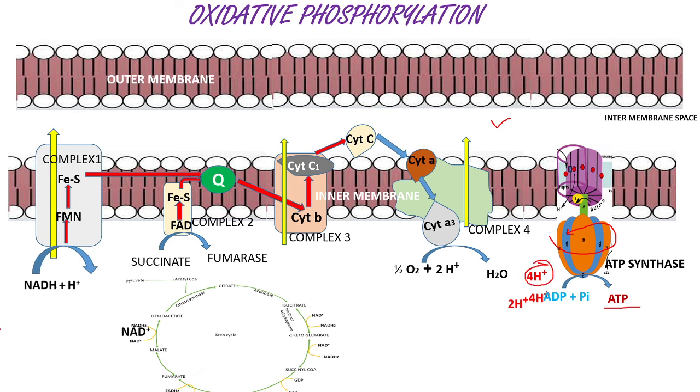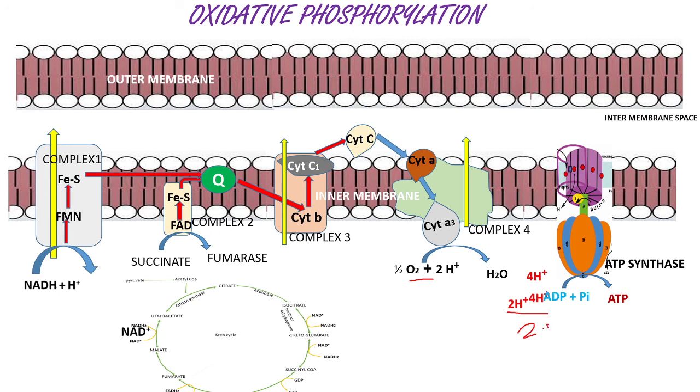So we can say that during the transport of electrons from NADH to oxygen, we have 10 protons translocated to the intermembrane space. So we get 2.5, because one ATP is synthesized when 4 hydrogen ions are pumped outside the matrix.